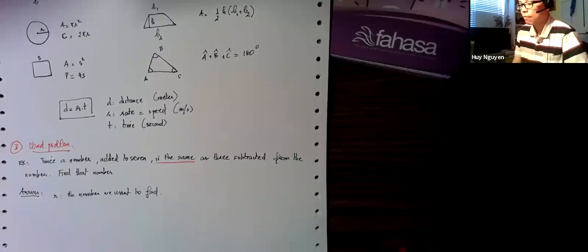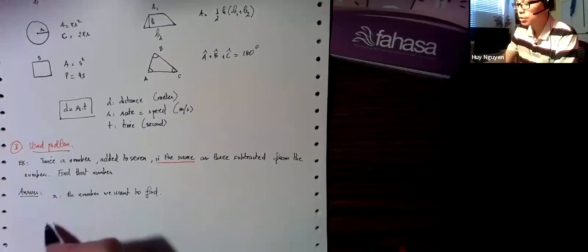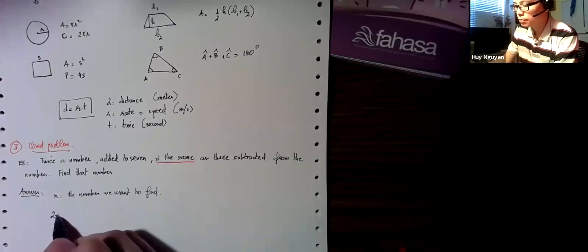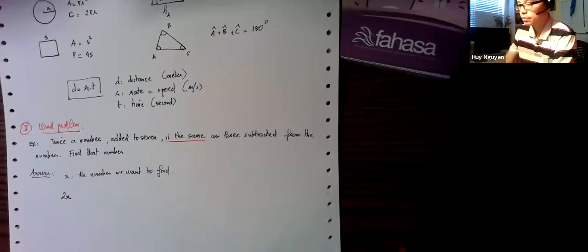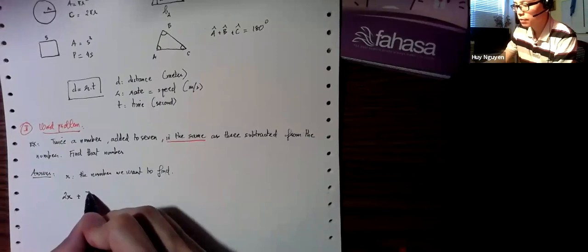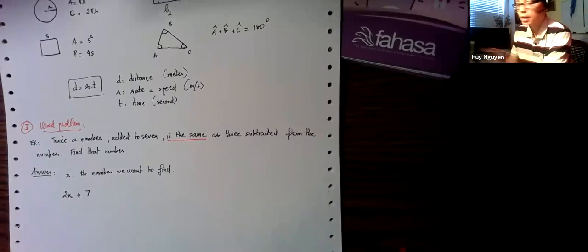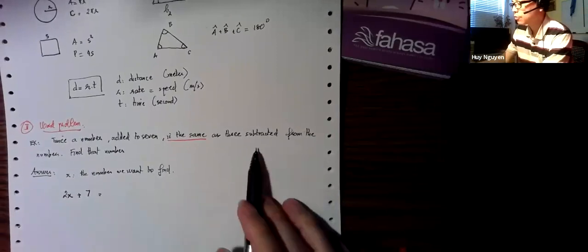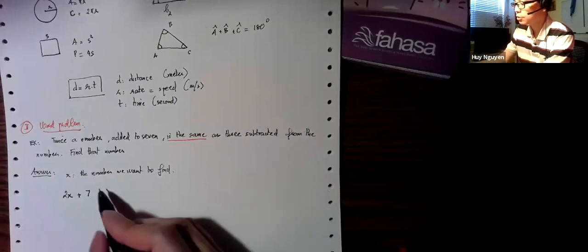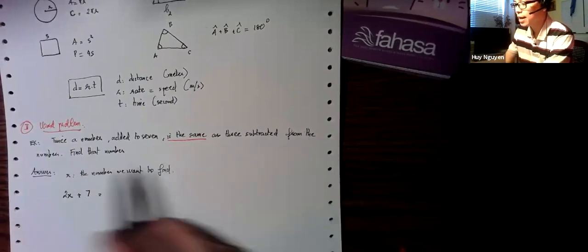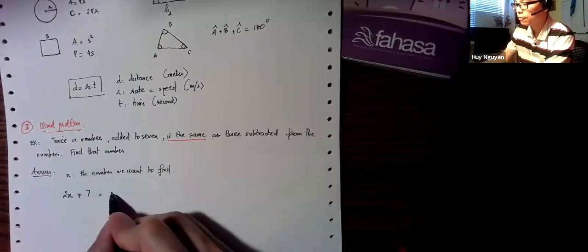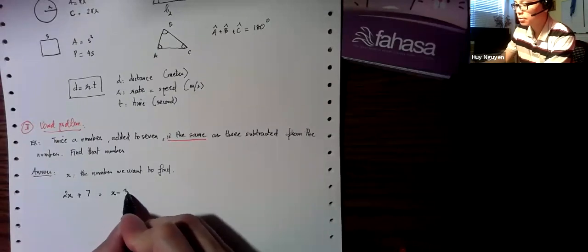And the question is, twice the number. Twice means double, so 2x, added to 7, is the same as, equal to, 3 subtracted from that number, and that number is x. So x minus 3.